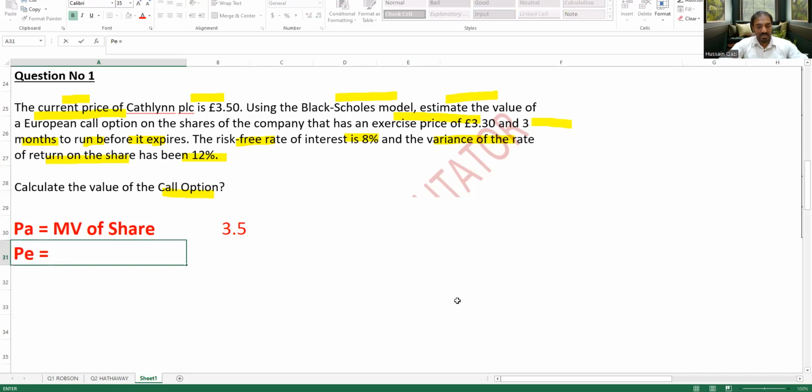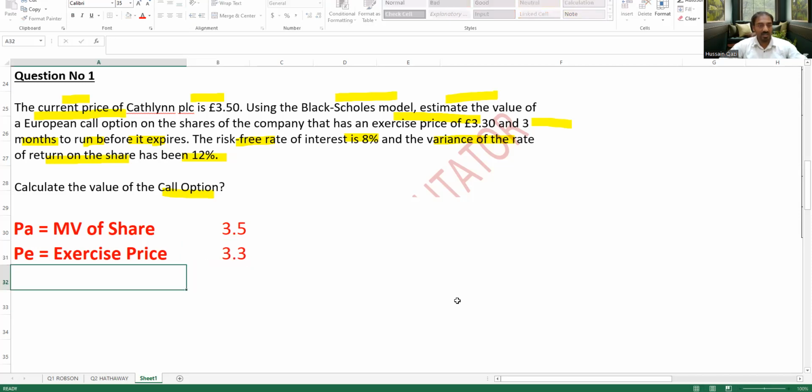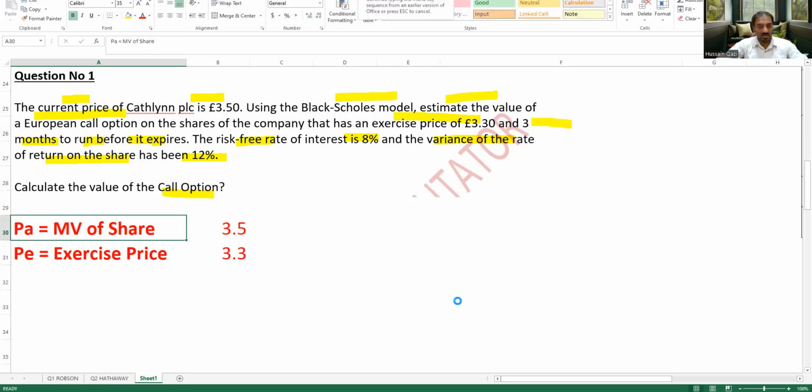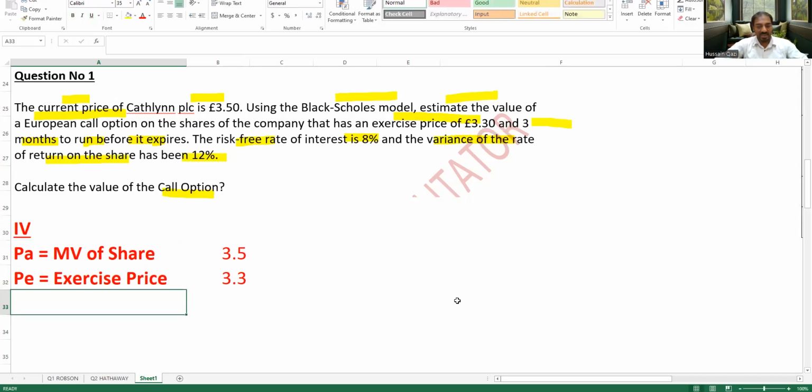PE, the exercise price of the share, is equal to 3.3. These two variables are about intrinsic value, and the remaining ones are about time value.